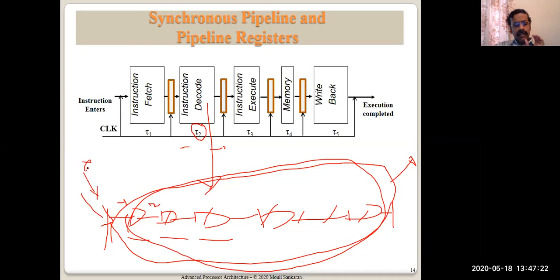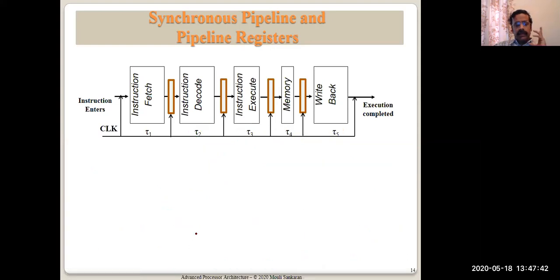If I change the input here, I should see the output response after that input passes through all these gates. So if I have too many gates, my delay will be more. So the time taken by each of those stages will be different. It depends on what logic is inside. Assume that there are tau 1, tau 2, tau 3, tau 4, tau 5.